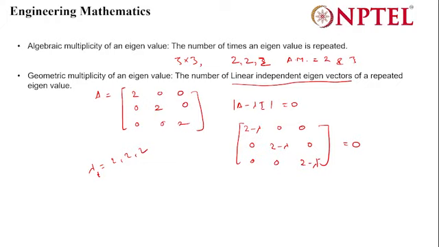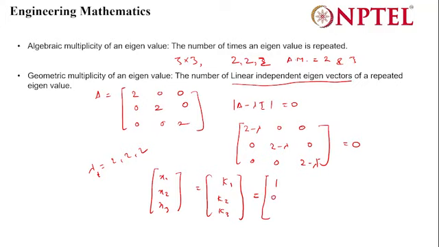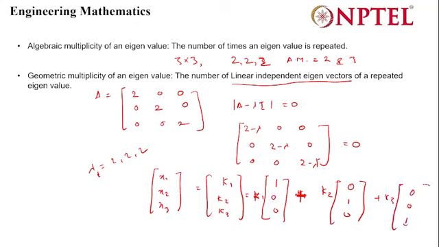We'll write it here. x1, x2, x3 will be k1, k2, k3. And the way you can write this: 1, 0, 0 multiplied by k1, plus k2 multiplied by 0, 1, 0, plus k3 multiplied by 0, 0, 1. Can we write this like this?